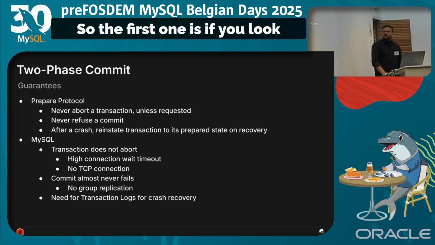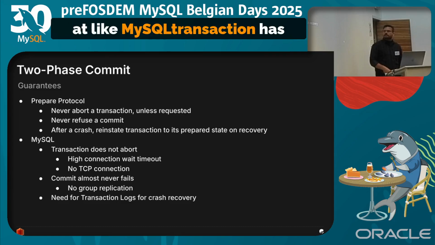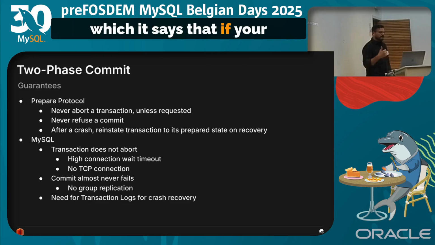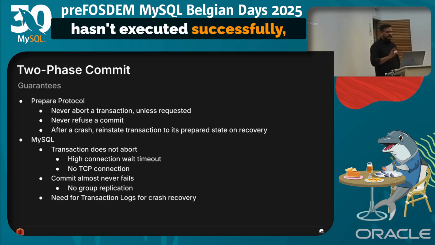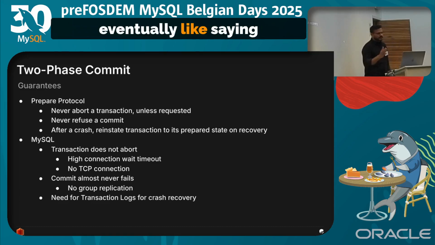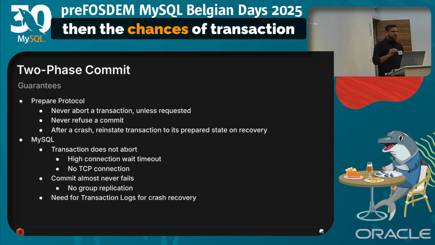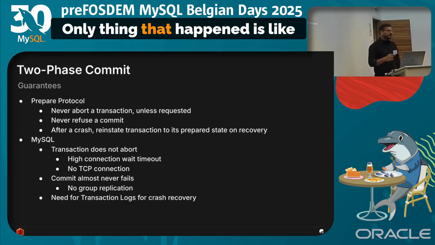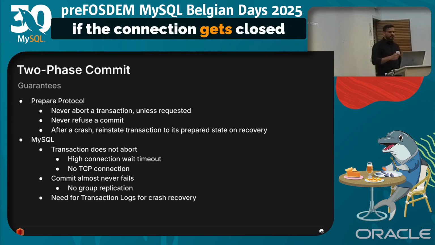So the first one is, if you look at MySQL transactions, there is already an interesting property: if your statements have been fully and successfully executed, which means the next step is eventually saying commit or rollback, then the chance of the transaction being aborted is almost minimal. The only thing that can happen is if the connection gets closed.